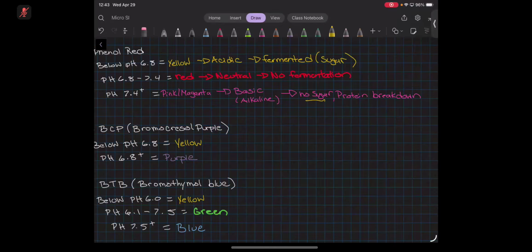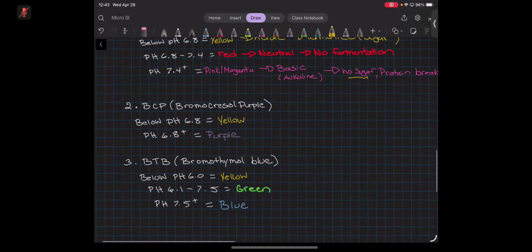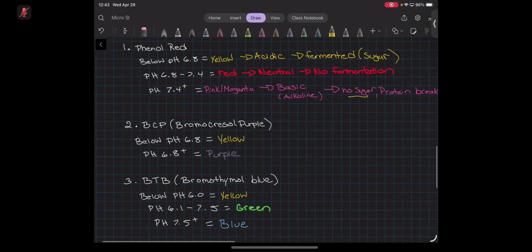And this is all taking place in a broth? Okay, now we got BCP. This whole thing is your biochemical tests, your tubes, your lactose and glucose.